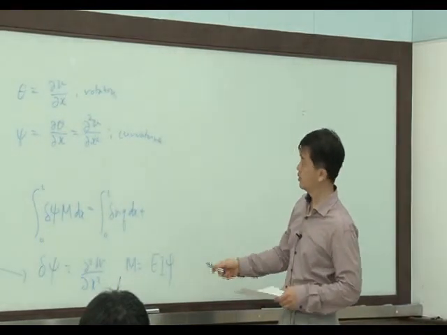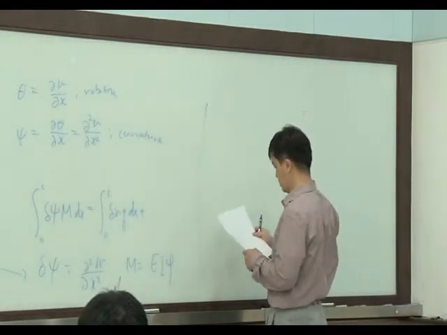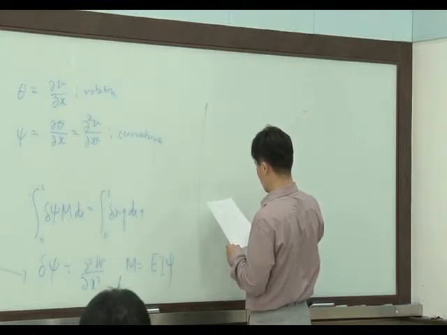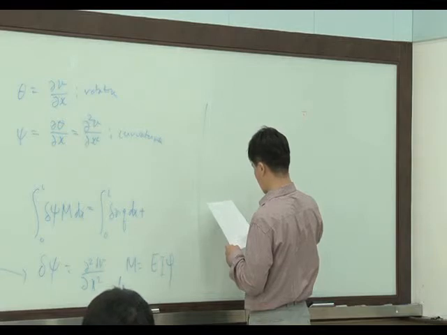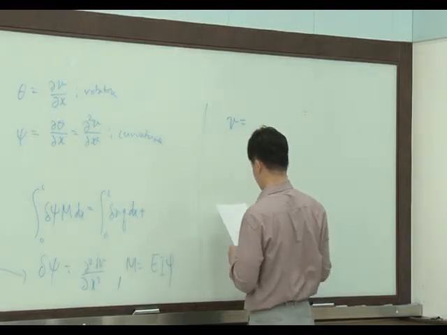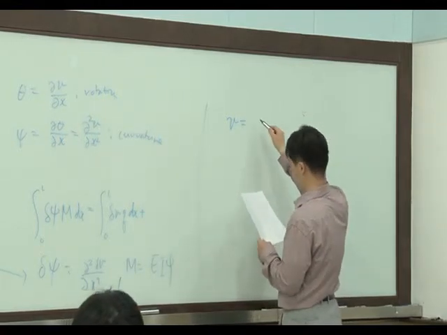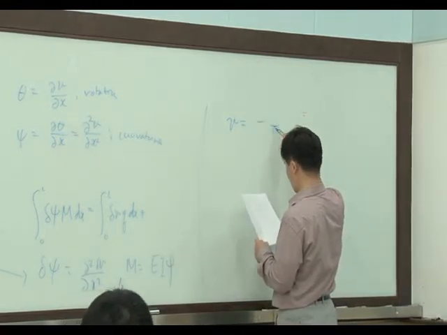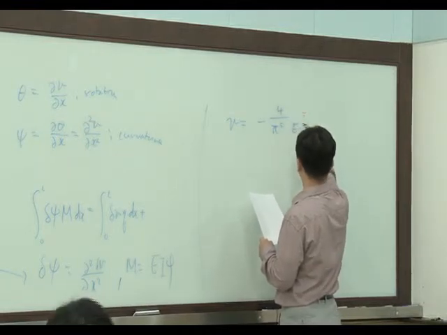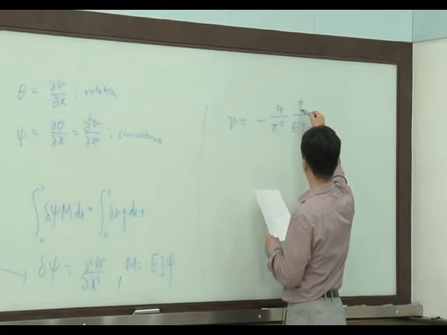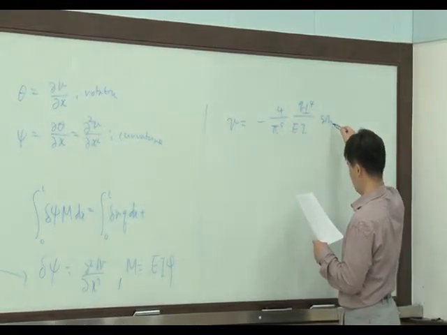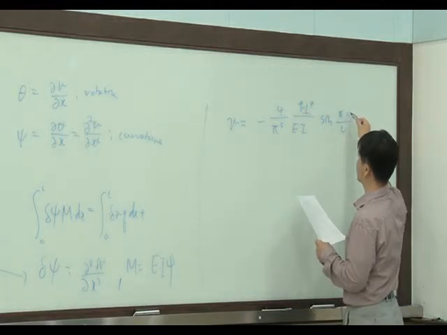And if I do some calculation, we can calculate A, and from A, we can calculate v, which is minus 4QL^4 over pi^5 EI times sin(pi x / L).